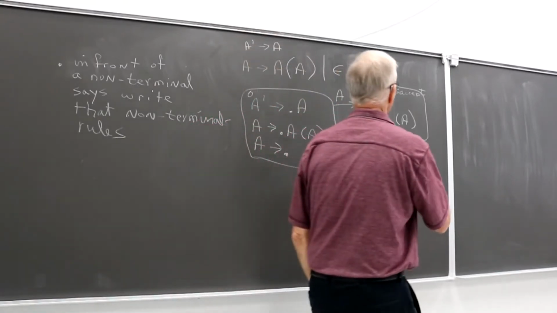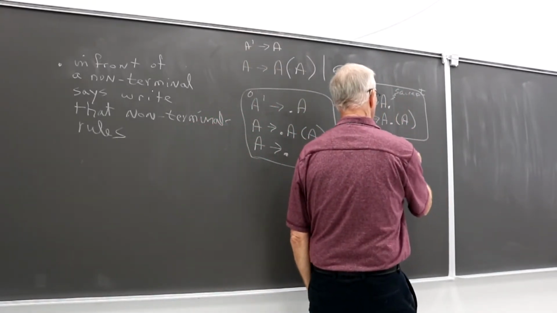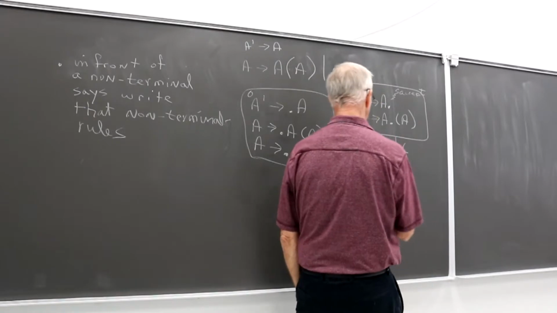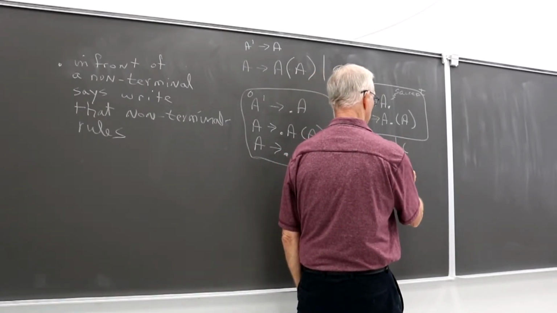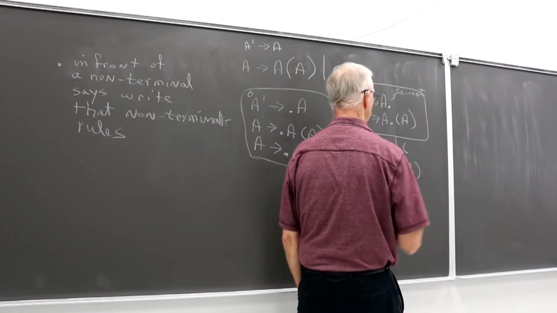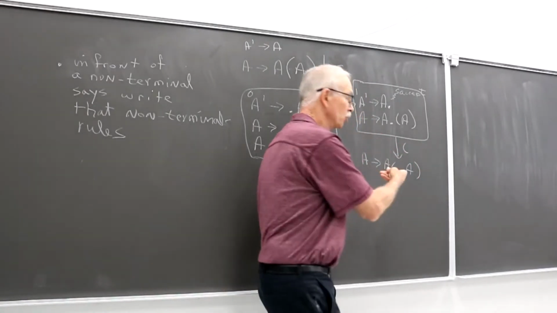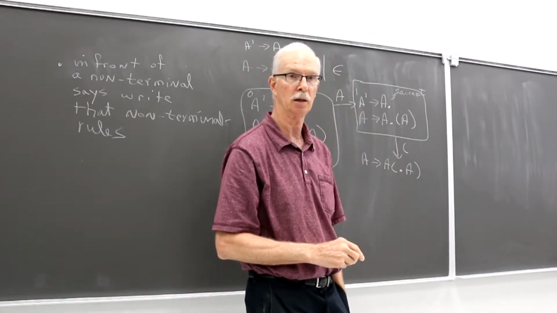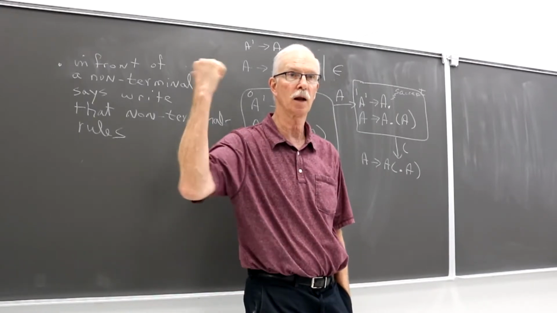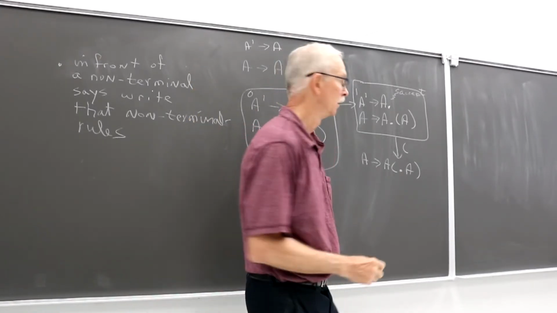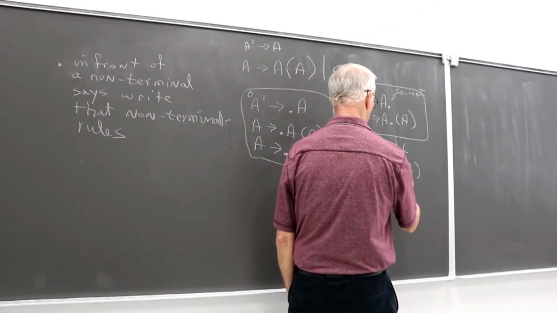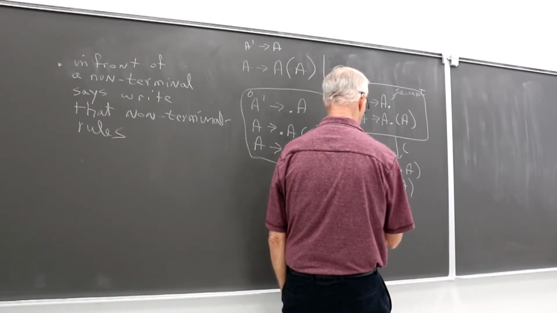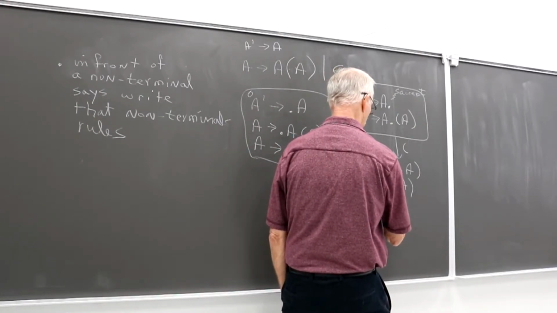All right, so then we might see left paren. We get A goes to A left paren dot A paren. So period is in front of the A. We follow our rule. And we write A goes to dot A paren, and A goes to dot.